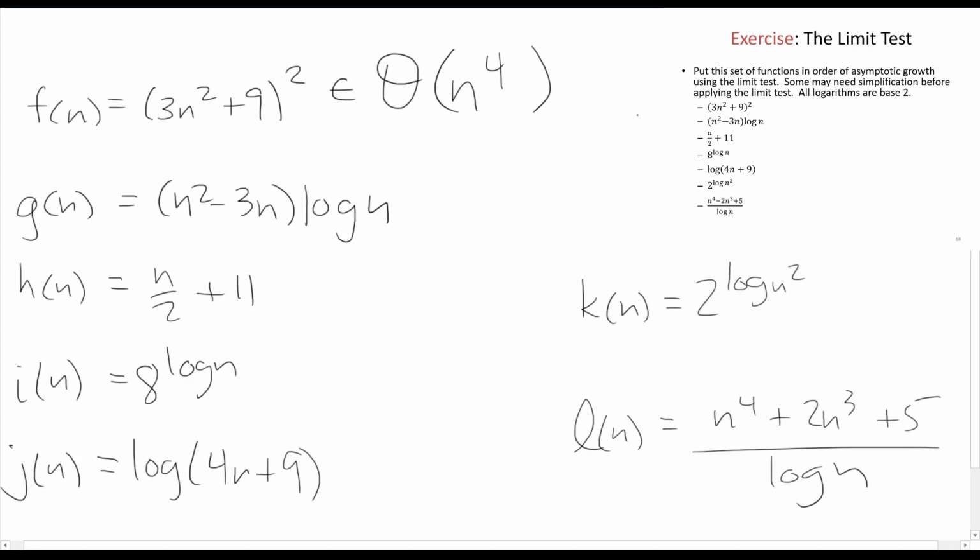Now, we could go ahead and try and prove that using a limit test. And there's maybe more than one way we could do that. I personally would probably use the definitions from the previous video, but we could use the limit test. We could expand this open.